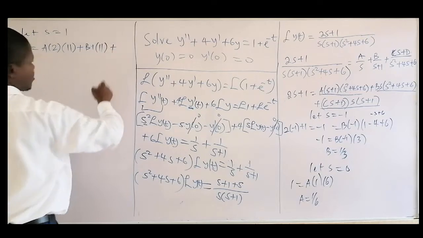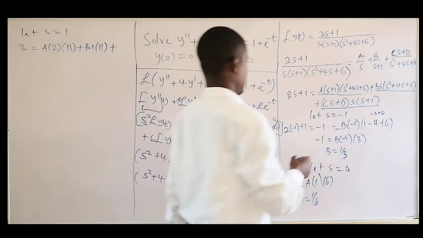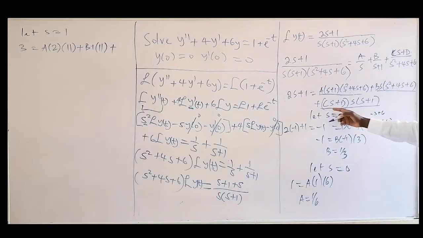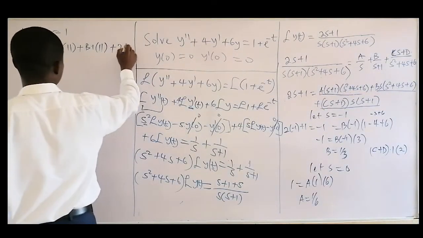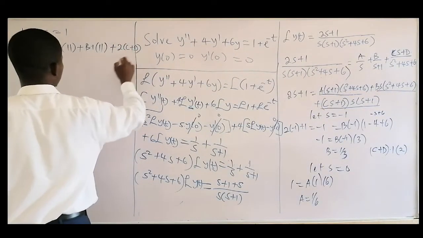Then plus this one here, to give us c plus d. This is 1, and this is 1 times 1 times 1 plus 1, that's 2. So that's giving us 2 into brackets c plus d.